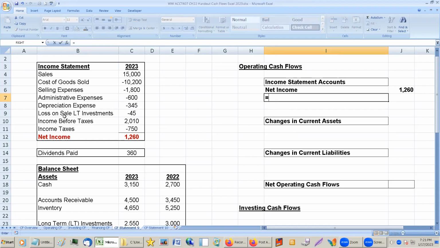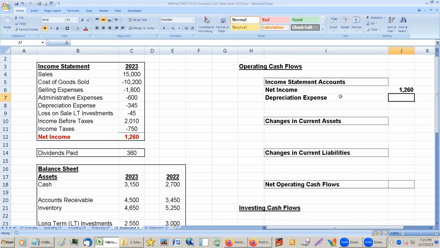Now remember, and actually you can kind of see it here, $345 was subtracted out, but there was no cash involved. So this 1260 is reduced by 345, even though there wasn't any cash here. So we're going to add it back in: 345.